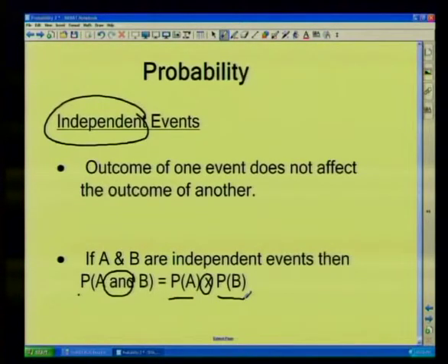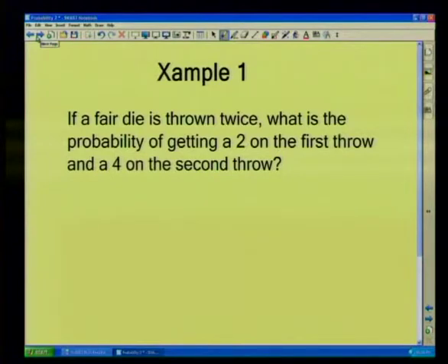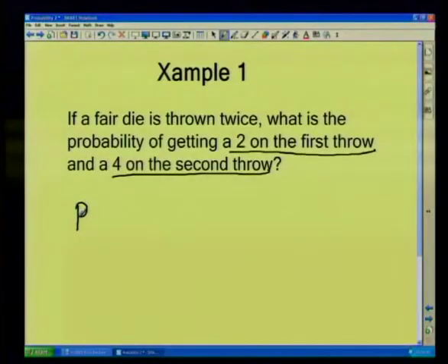Okay, so for example, if a fair dice is thrown twice, what is the probability of getting a 2 on the first throw and a 4 on the second throw? So what are the chances? Let's think first of all, what are we actually trying to find out? The probability of a 2 and a 4.